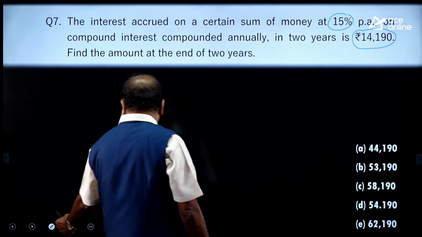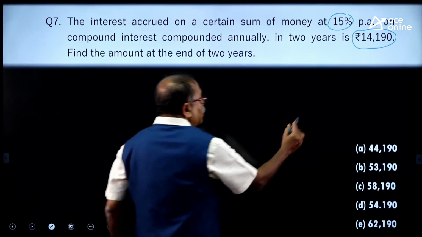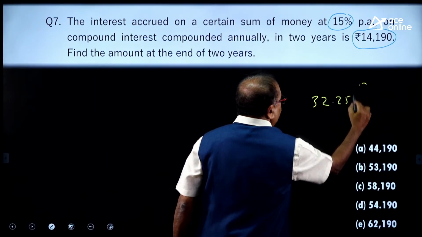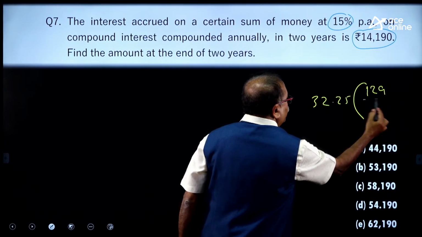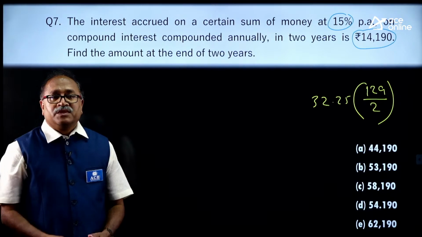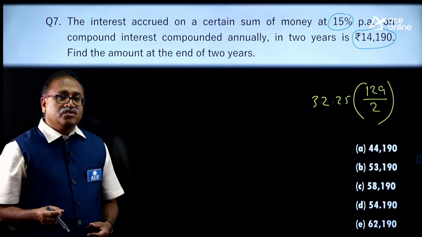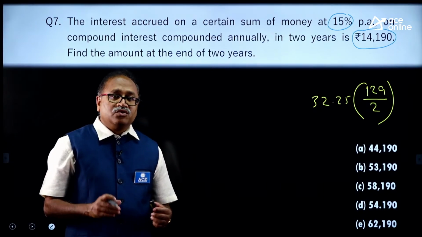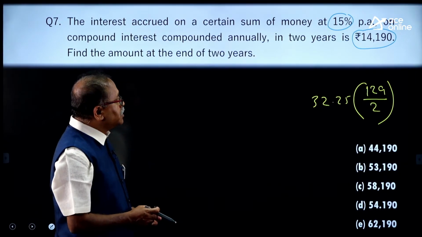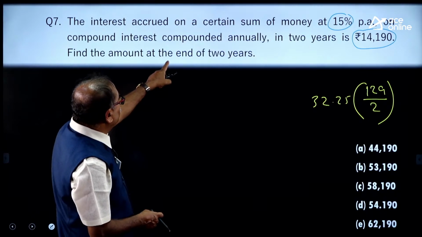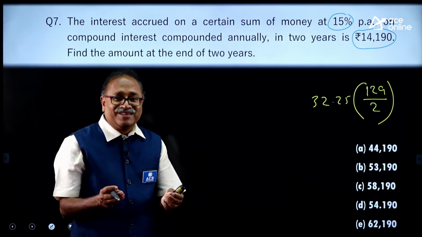And this 32.25% in fraction we write as 129 by 400. I again and again in my regular class requested you people to remember this fraction, that 32.25%, which is 129 by 4 percentage. So, the overall 2 years interest is 32.25%. Find the amount at the end of 2 years.